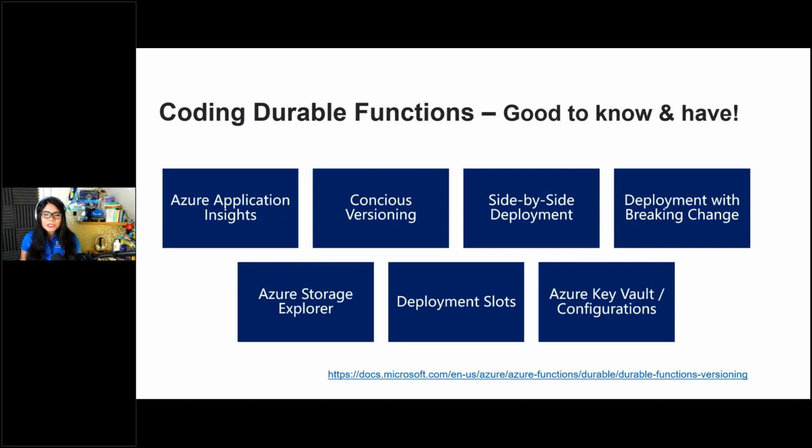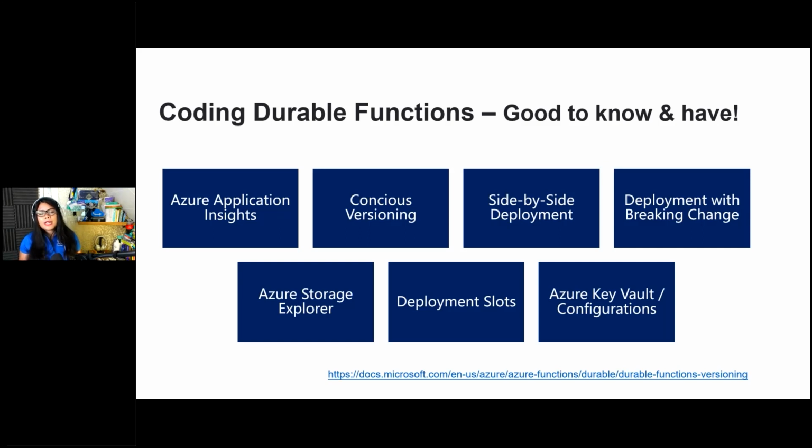There's also conscious versioning, which is good to be mindful of, especially if you're updating something in production and it needs to be deployed. So side-by-side deployment is good. Deployment slots, and also using Key Vault and protecting your keys and secrets and configurations.